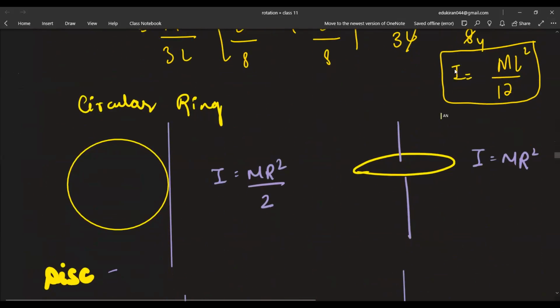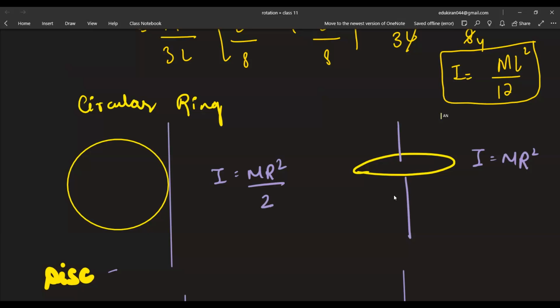Now see some other quantities also. Yesterday I told you that if a ring has an axis perpendicular to its surface and passing through the center, we write the formula for a circular ring as I is equal to mr square.